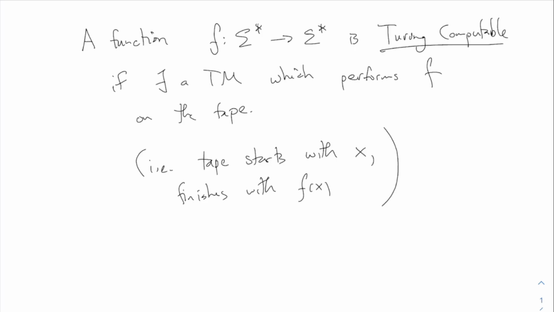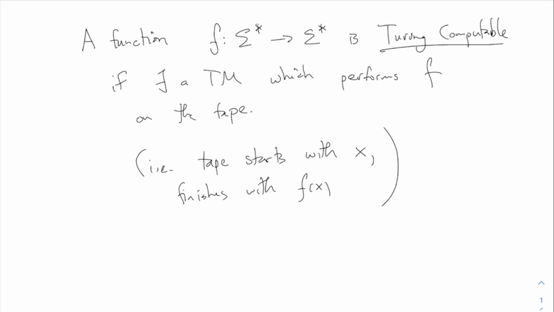That's what I mean by the Turing machine performs f on the tape. It means whatever you start with on the tape, if that's x, then the machine will do some stuff for a while and then stop, and what ends up on the tape is f of x, the value of the function.